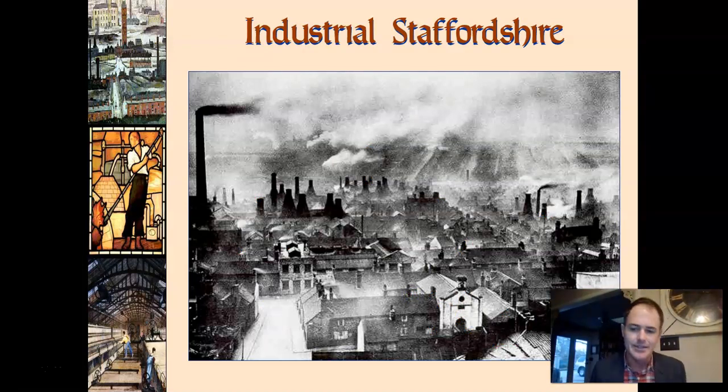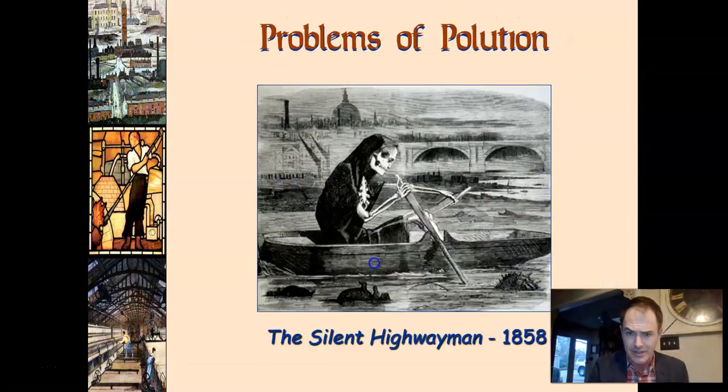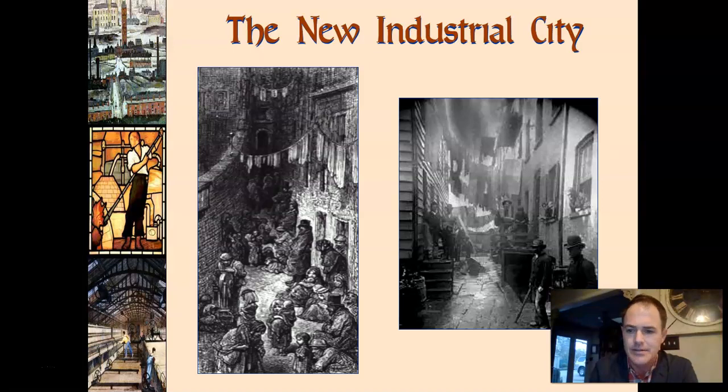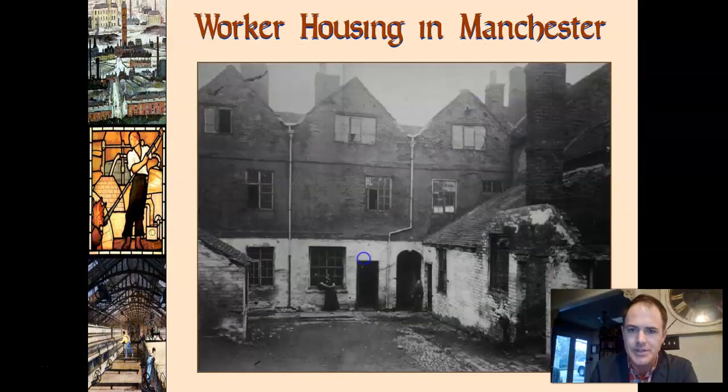They are working in these factories, in these dangerous and dirty and polluted conditions, and they're going to see their death rates increase, their lifespans decrease as a result of these industrial cities like Manchester and Liverpool that are increasing and growing.